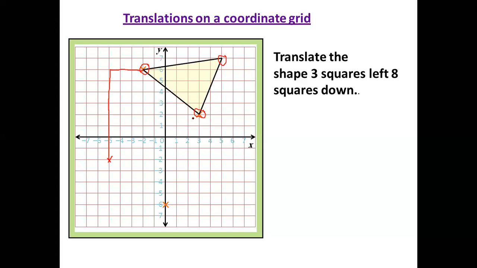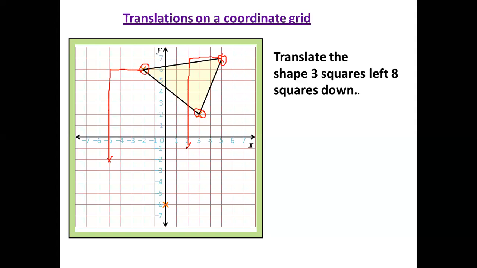Here, this point, by the same procedure, 3 squares to the left, 8 squares down: 1, 2, 3, and 1, 2, 3, 4, 5, 6, 7, and 8. So this is the new point. By the same procedure, this point: 3 to the left, 8 down. 1, 2, 3, and now 8 down: 1, 2, 3, 4, 5, 6, 7, and this is 8.